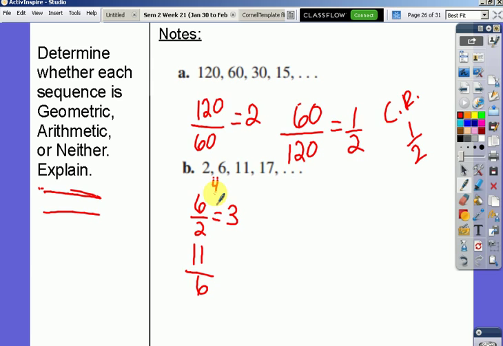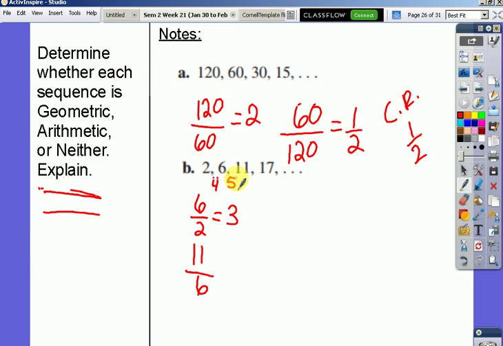So is it arithmetic? It's not arithmetic. So it's neither. So you would say neither, it does not have a common ratio or a common difference.